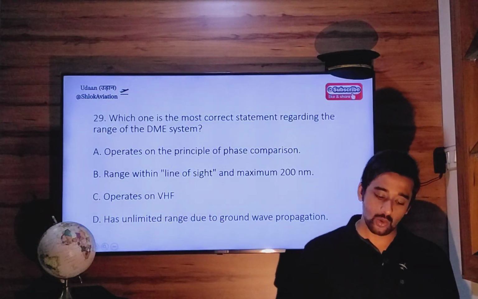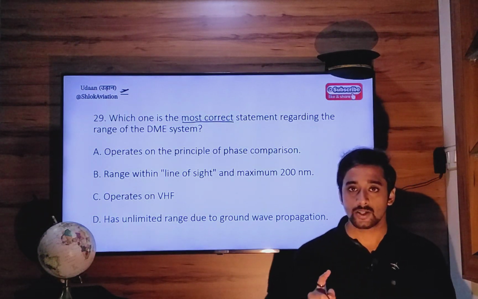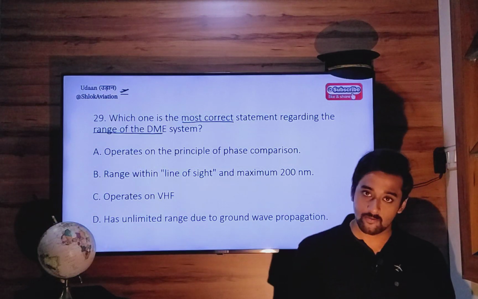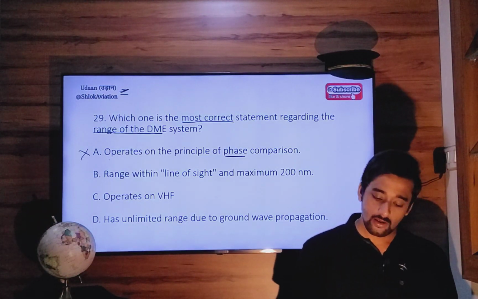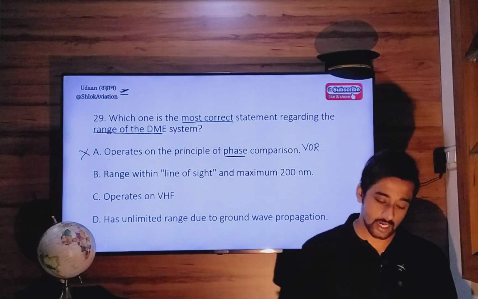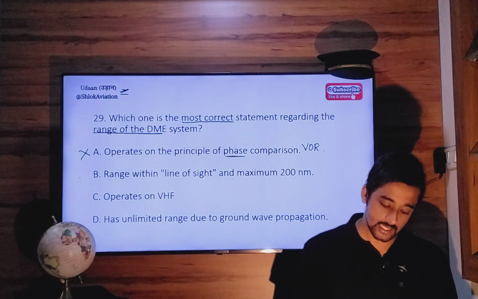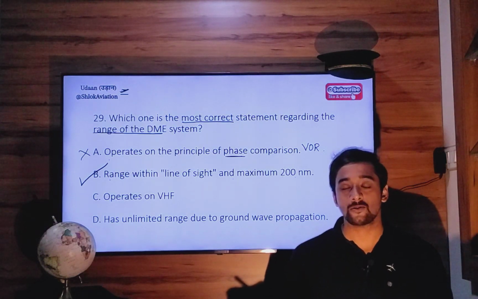Question 29. Which one is the most correct? Most correct. So there may be other correct statements. You have to identify the most correct regarding the range of the DME. Operates on the principle of phase comparison, wrong. Phase comparison is VOR, not DME. Range within line of sight and maximum 200, yes. All DME range depends on the line of sight principle.